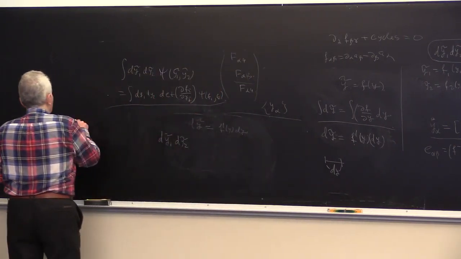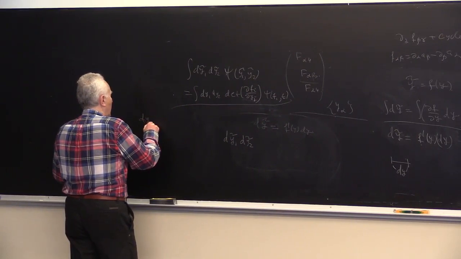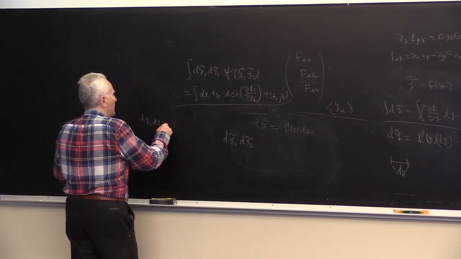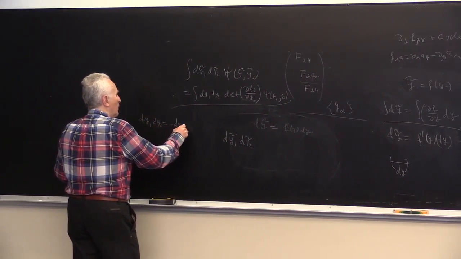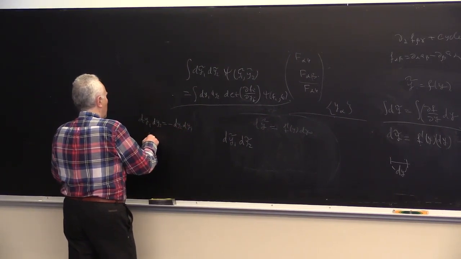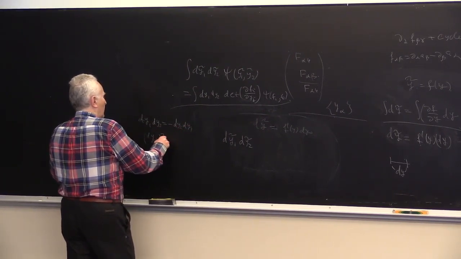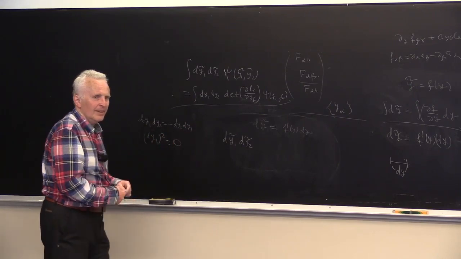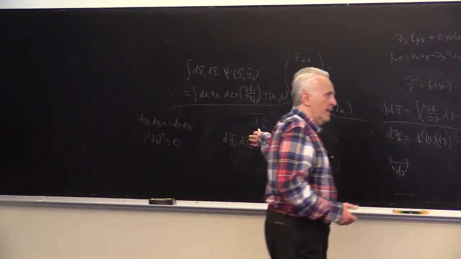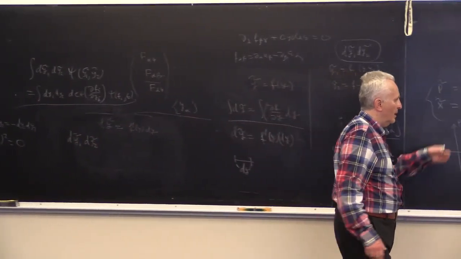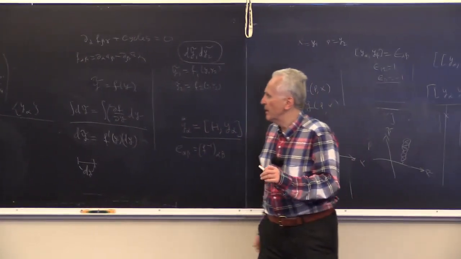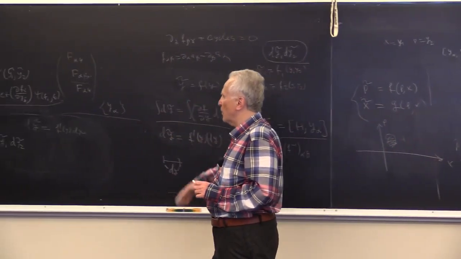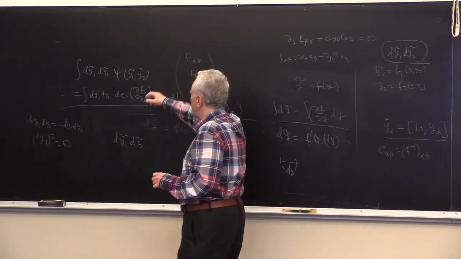So let's assume that dy1 dy2 is equal to minus dy2 dy1, and dy1 squared is 0. That's a digression from our main line, but I thought you know this stuff.